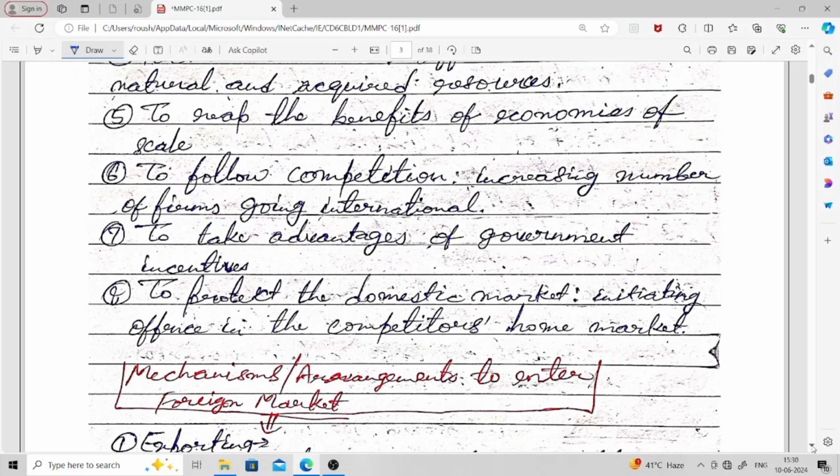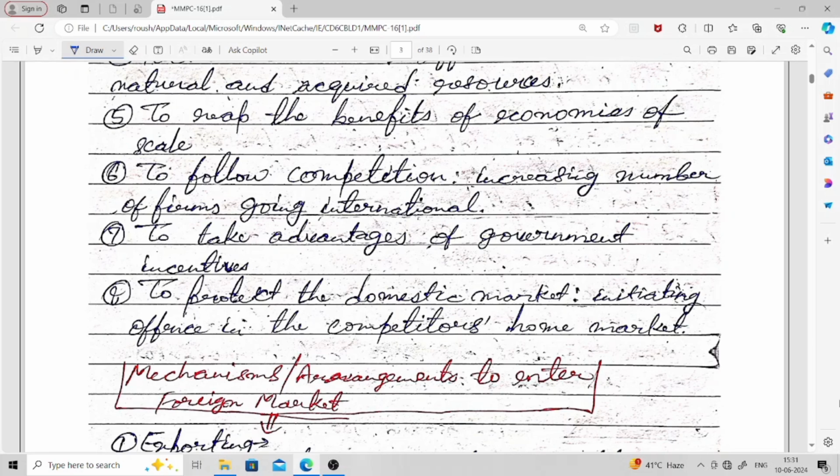That is the reason, because if other companies are going international, it means there are some benefits and some profits those companies are getting. So that's why, to follow the competition of going international, companies go international.